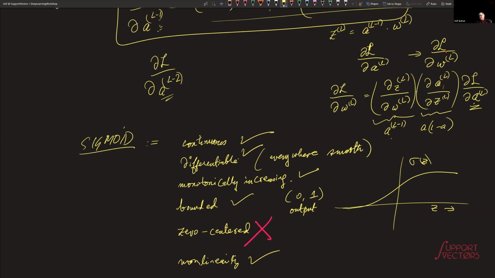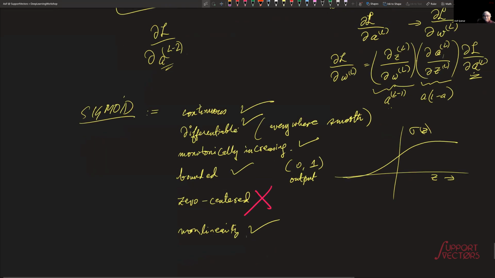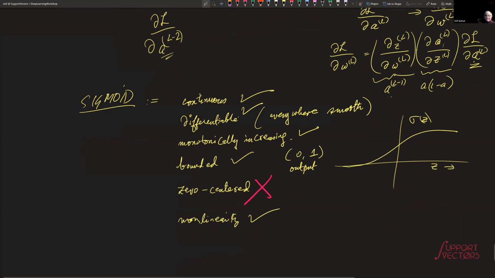So it works. Then you ask this question: can I remove this deficiency of not being zero-centered? What can I do to remove it? And it turns out that there is a close cousin of the sigmoid function. It is called the tanh.